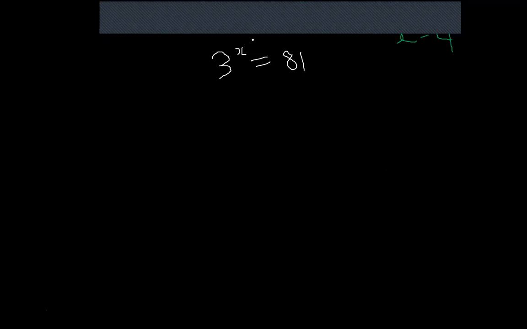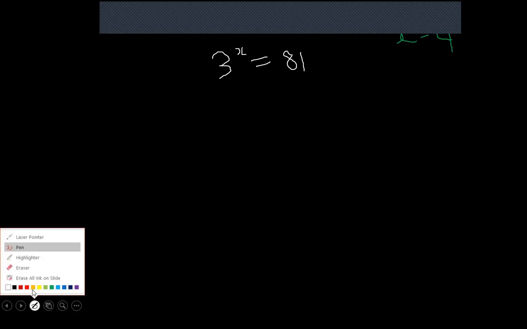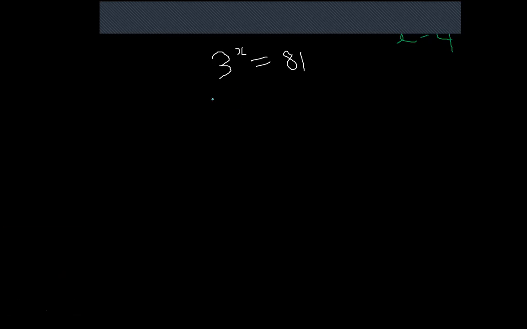Okay, sorry about that. So the aim, remember, is that we need to get the same base. 3 to the power of x can't be simplified any further, so we just leave this as 3 to the power of x. But how can we write 81 so that I get the same base?